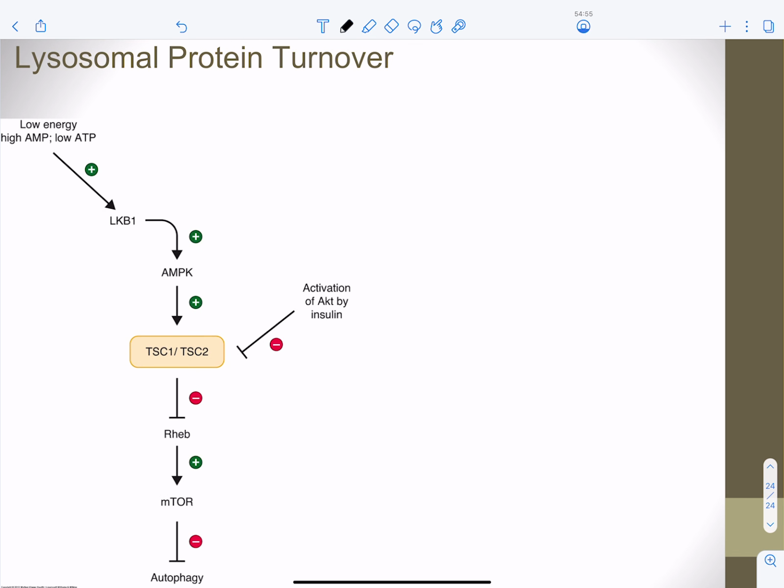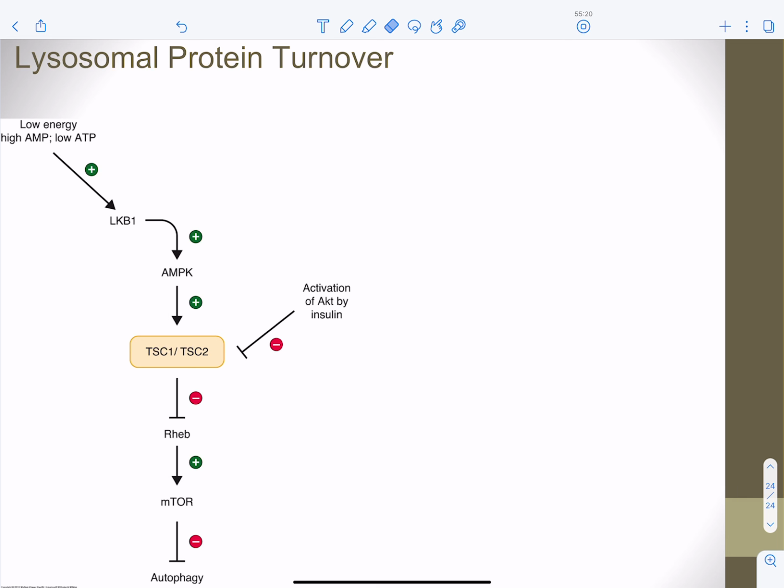So lysosomes are going to be key in the process of autophagy because they're the ones who have enzymes to degrade many of the components of the cells, from sugars to proteins to fats. And so in the classic case, intracellular components are surrounded by membranes. These membranes will fuse with a lysosome.